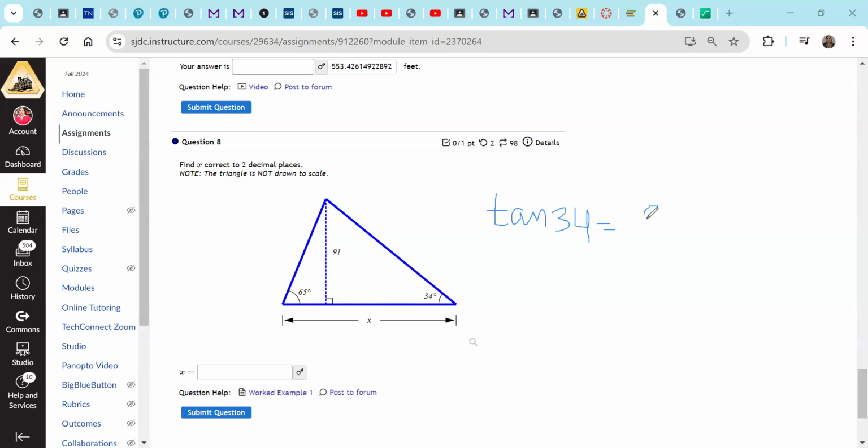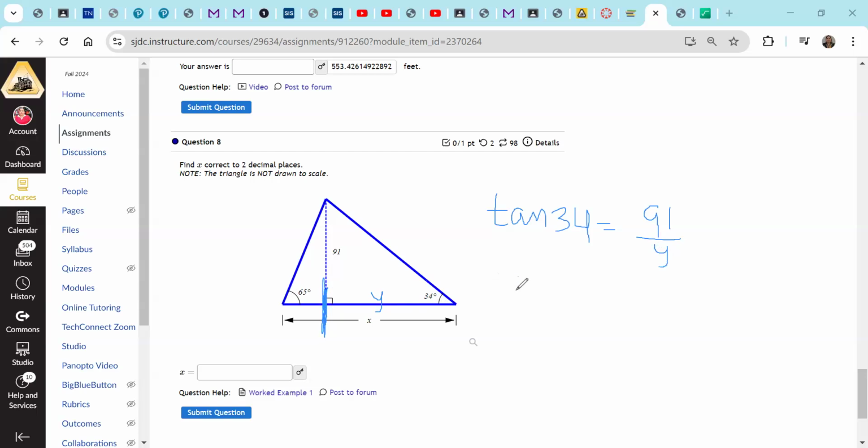So that will be 91 over this distance, whatever is this distance. We don't know because x is unknown here. So we're gonna say some variable y here.